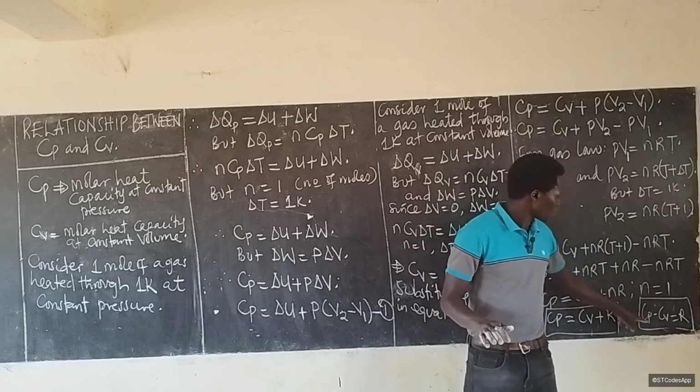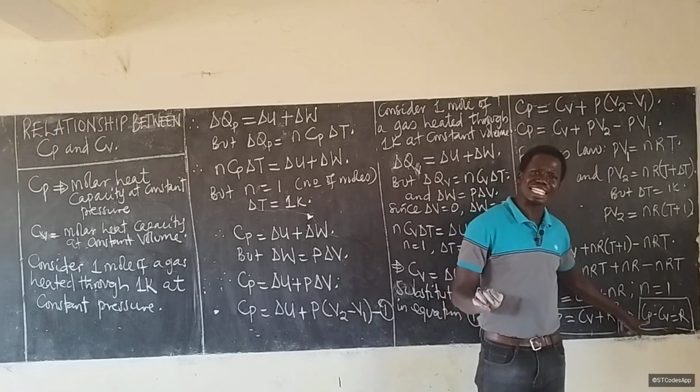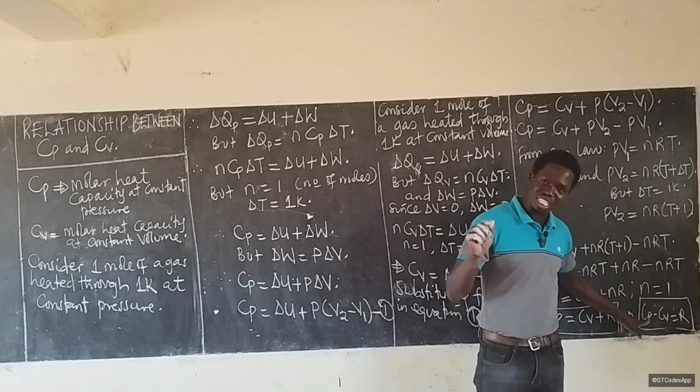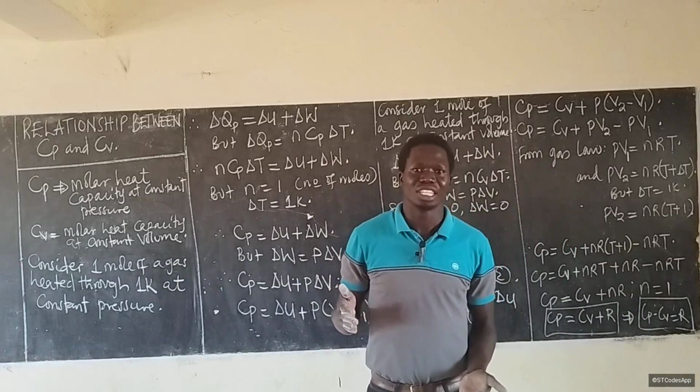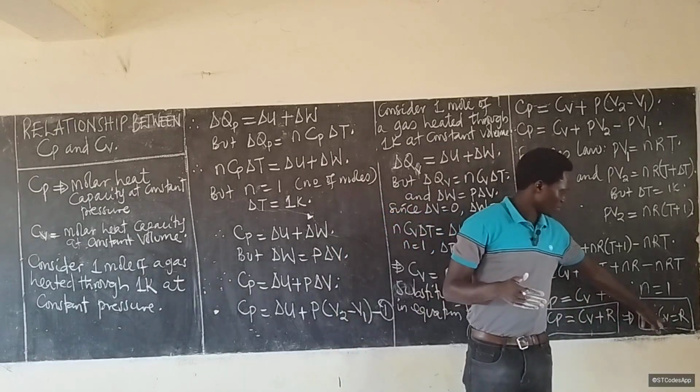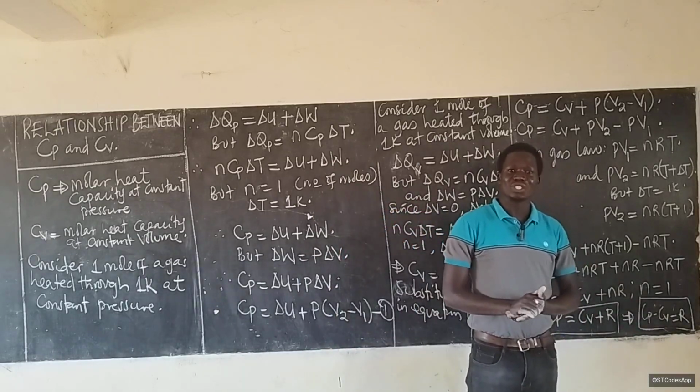So it is always that the heat supplied per mole at constant pressure would be higher than the one supplied at constant volume. And that is the relationship between C_P and C_V.